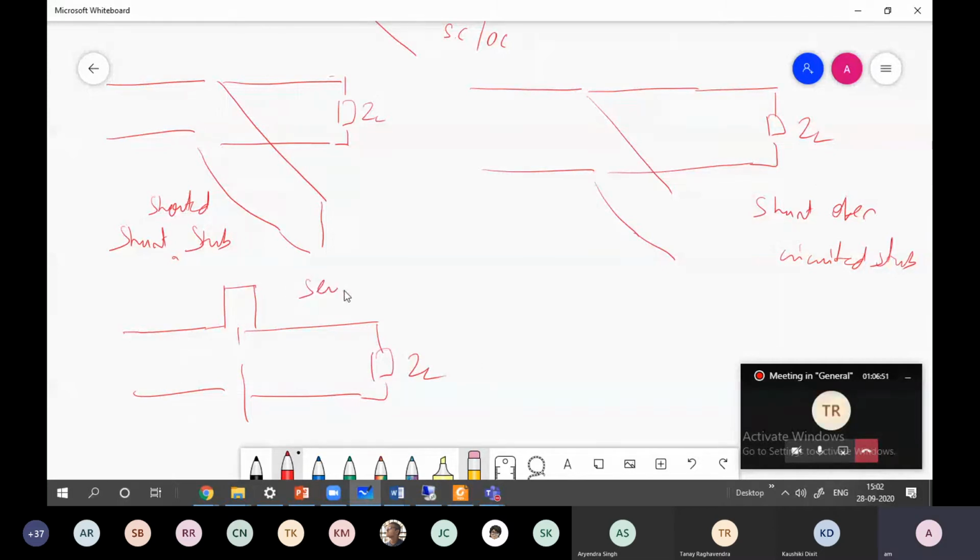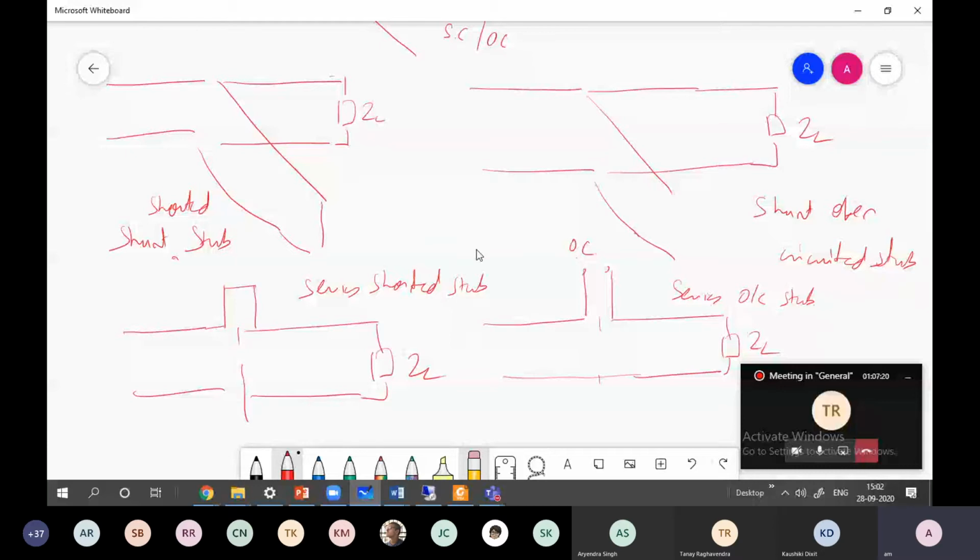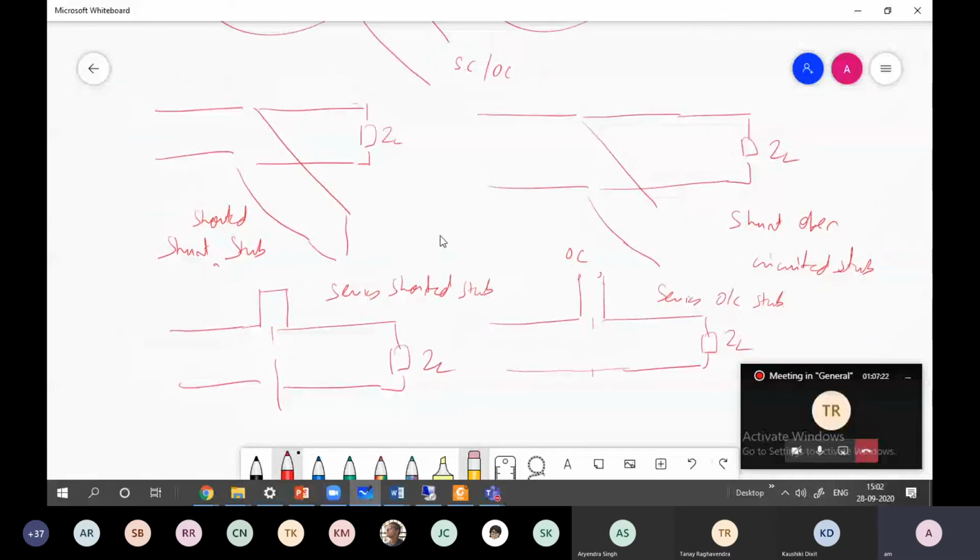This is called a series shorted stub, and here also you will have a series open circuited stub. So you will have four possibilities that you can connect to do the single stub matching.